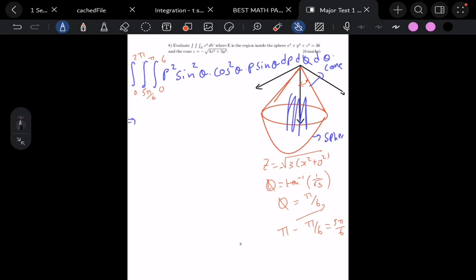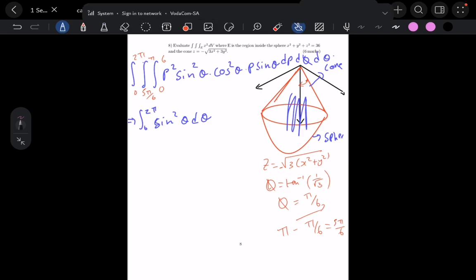And then your theta, do we have a theta? Yes. We have an integral from 0 to 2 pi of sine squared theta d theta. Integrate this alone. Now, some of you were asking if you can do it in a calculator. Let me just check it for you. You can do it in a calculator.